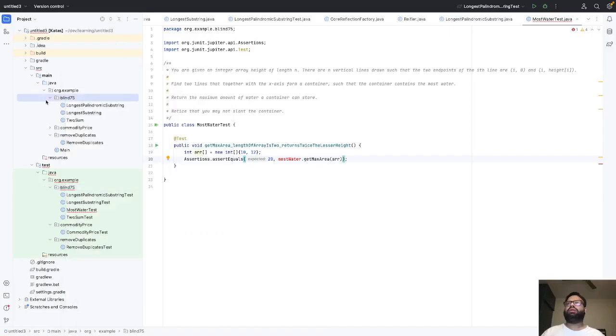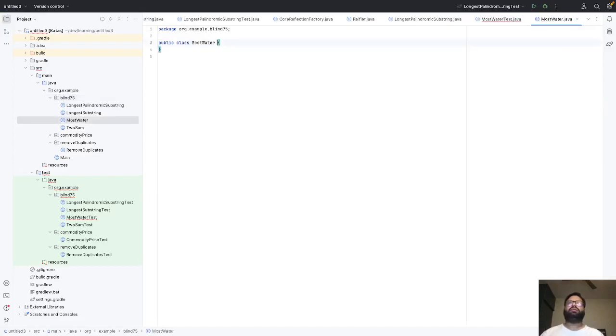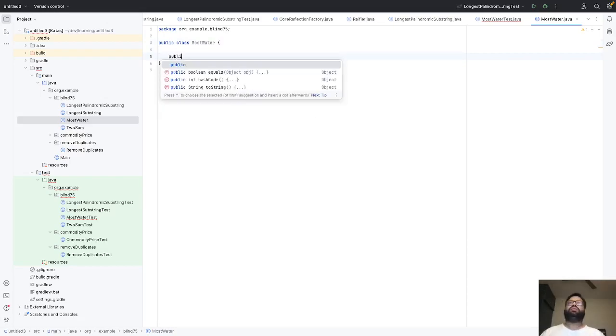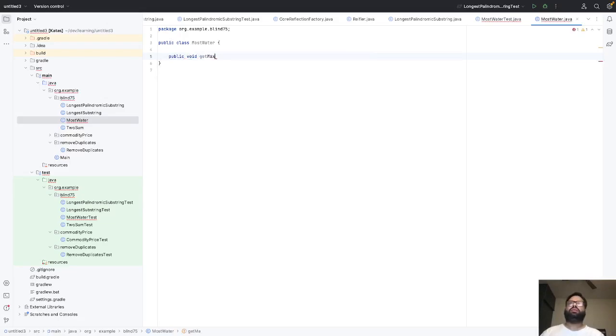Data class for most water. These are your heights.